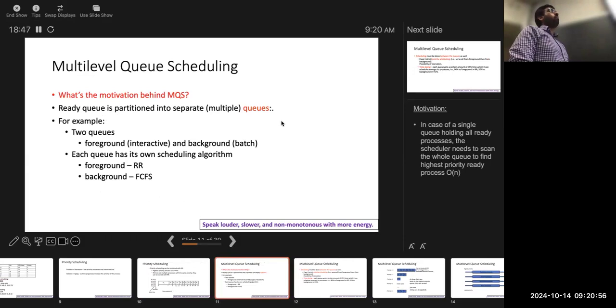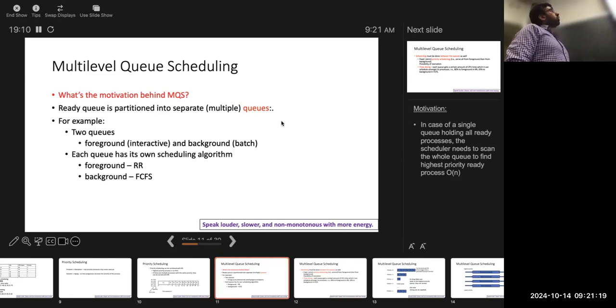Let's say you have two types of processes. One is foreground processes and one is background processes. Foreground processes are those which need to interact frequently with the user, or they need to display something on the screen. Background processes are, let's say, helper processes for the foreground processes. Maybe they are generating some data.